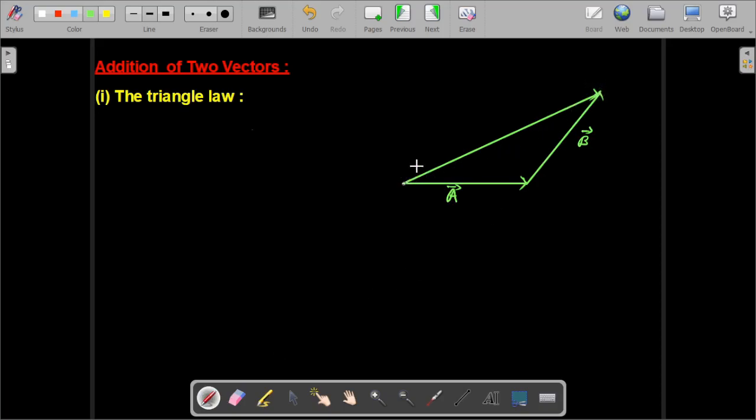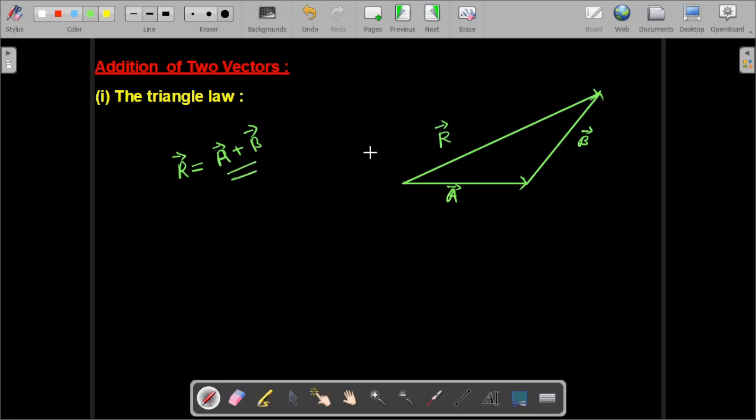This will be our resultant vector, and R will be equal to A vector plus B vector. So two vectors A and B are acting in this way, and the resultant vector can simply be found in this way.